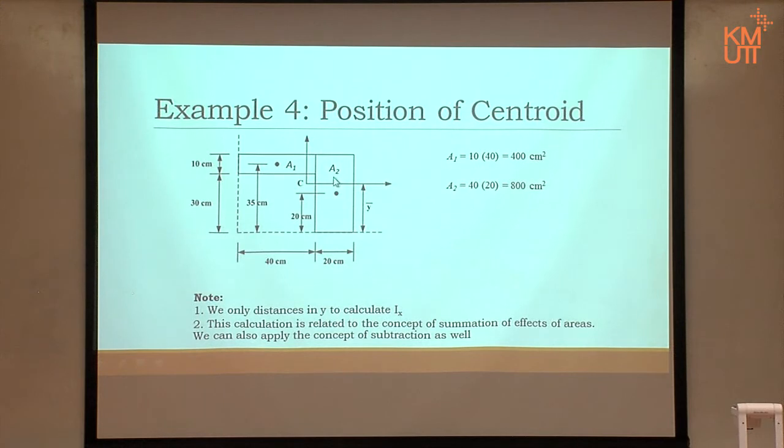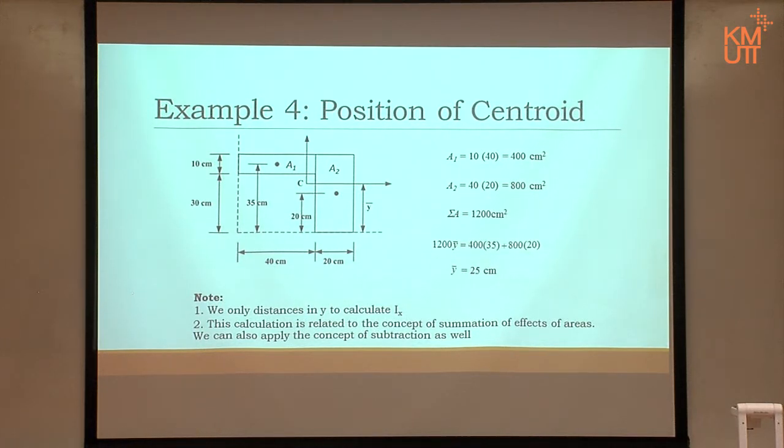Y bar 2 belongs to A2, y bar 2 is 20 centimeters. And this is what we call y bar for the central centroid, right? Using the summation form, total area times y bar equals A1 times y bar 1 plus A2 times y bar 2. That's all. Calculate y bar, then we get y bar, 25 centimeters in this case.